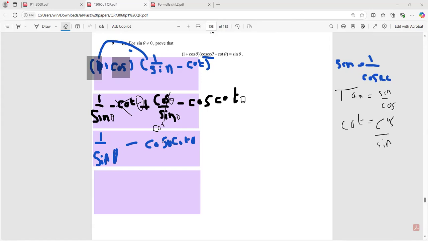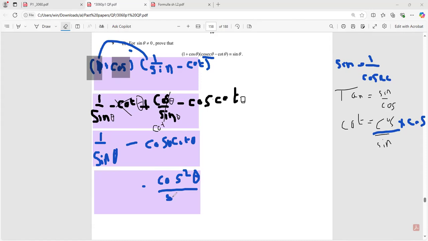Now for the cosine multiplied by cot, remember again that cot equals cosine over sine. Multiplied by cosine, it equals cosine square, so negative cosine square theta over sine, right?